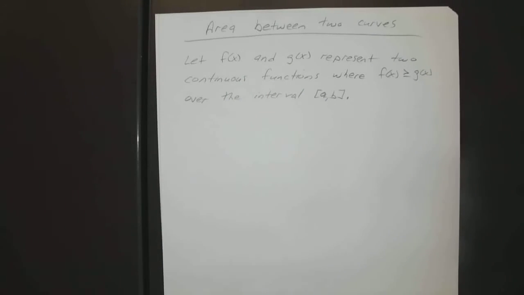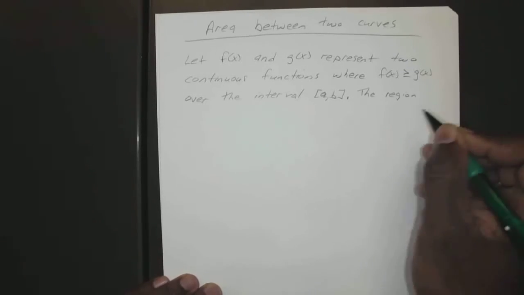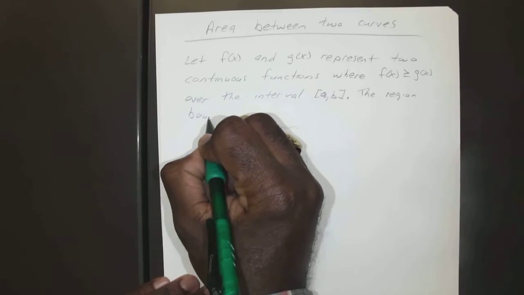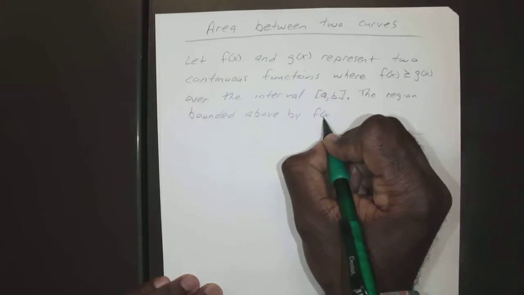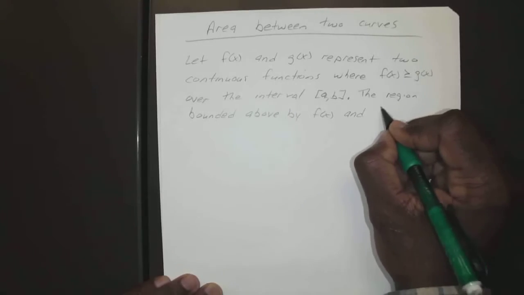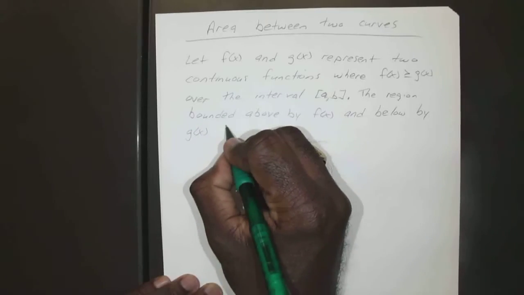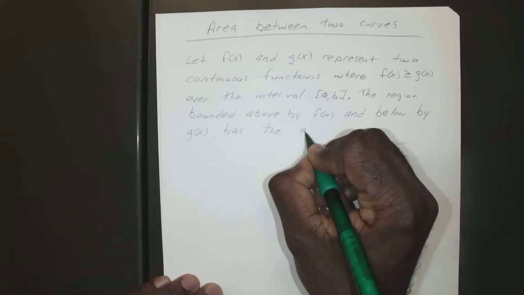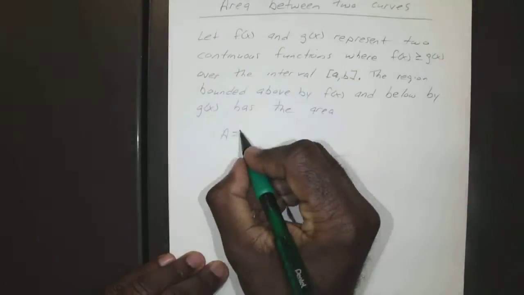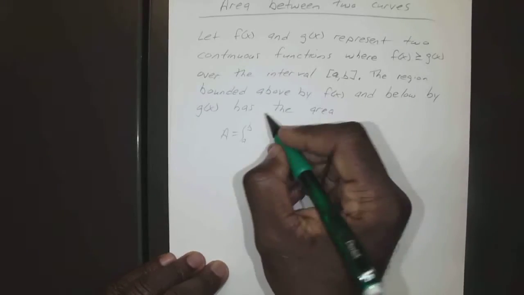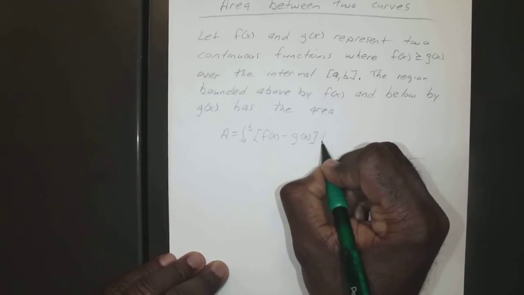The region between those two functions, bounded above by f of x and below by g of x, has the area equal to the integral from a to b of f of x minus g of x with respect to x.